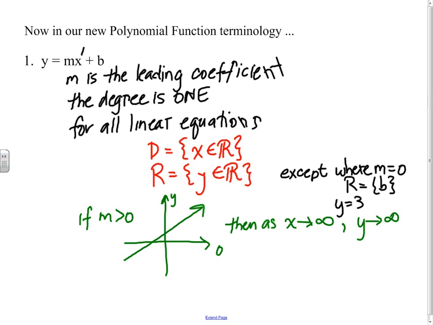So as x gets very, very large, our line goes up to the right. And as x goes in the negative direction, very, very small, our line goes this way. It approaches negative infinity downwards as well.